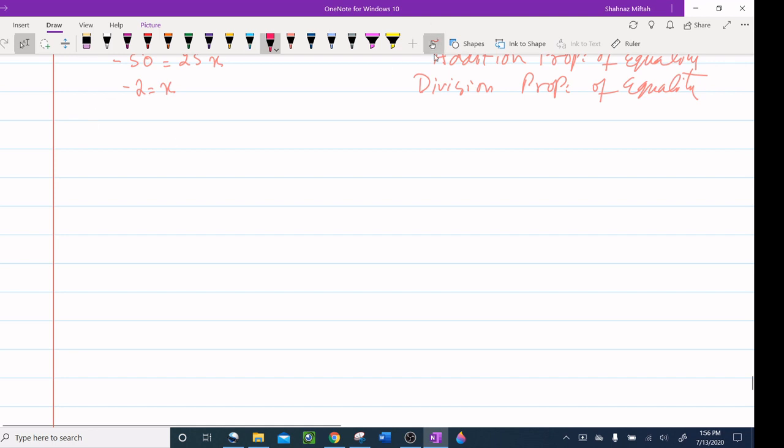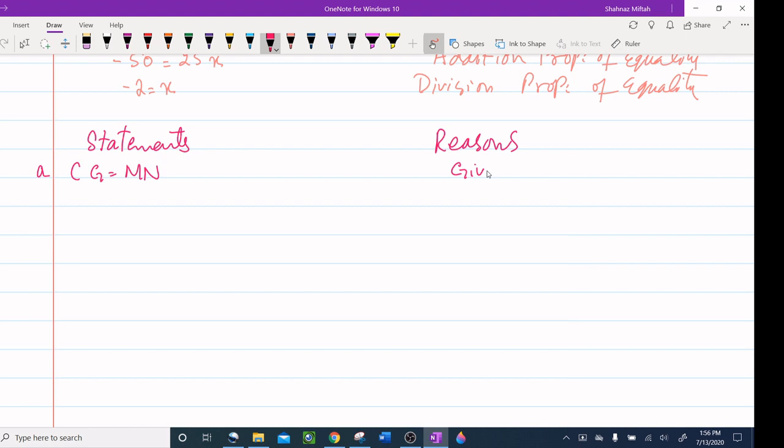Okay, so now they are giving me statements and reasons. Sometimes statements, sometimes reasons. Okay, so in this case, this is what given. CG is equal MN. So the reason, this is already given.